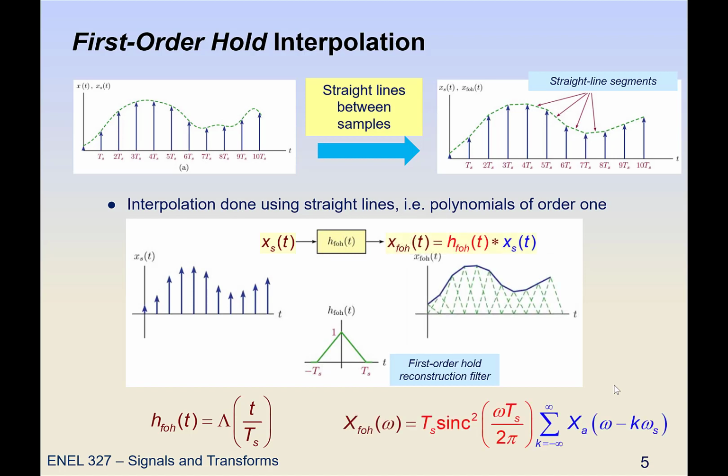Effectively your signal ends up with these little straight line segments. Again, we have convolution in the time domain, so we get multiplication in the frequency domain.